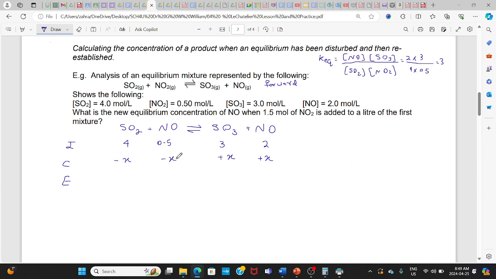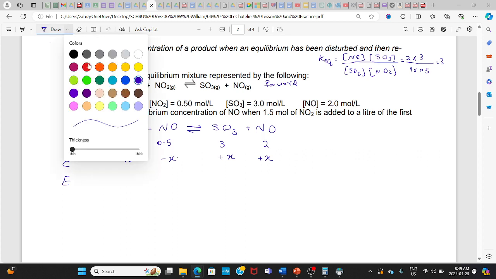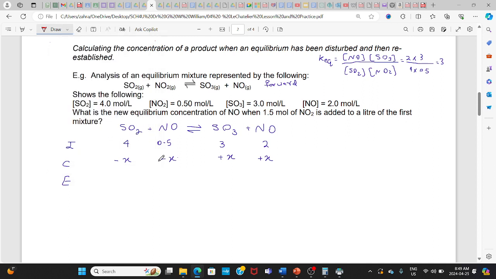So plus 1.5, and make sure this 1.5 is mole per liter because I divided by 1 liter. I just put that here in a different color.